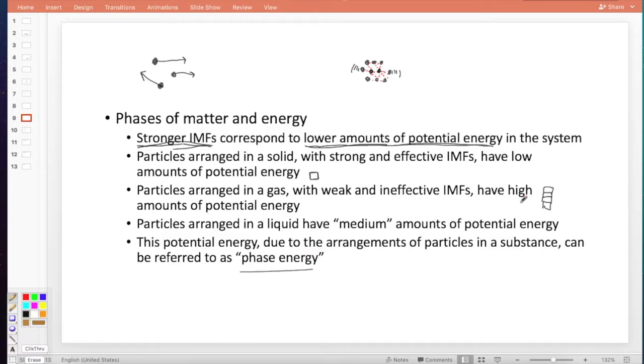Particles in a liquid are somewhere in between. They have medium amounts of this potential energy, so 2 bars of phase energy. So this potential energy, due to the arrangement of particles in a substance, is referred to as phase energy. It's all due to the intermolecular forces locking the particles into place.